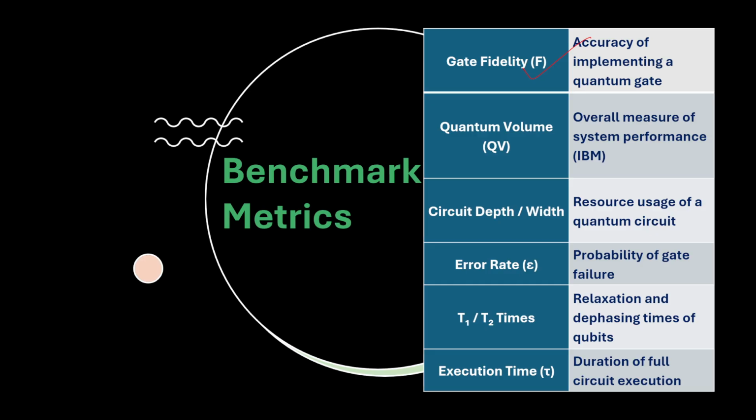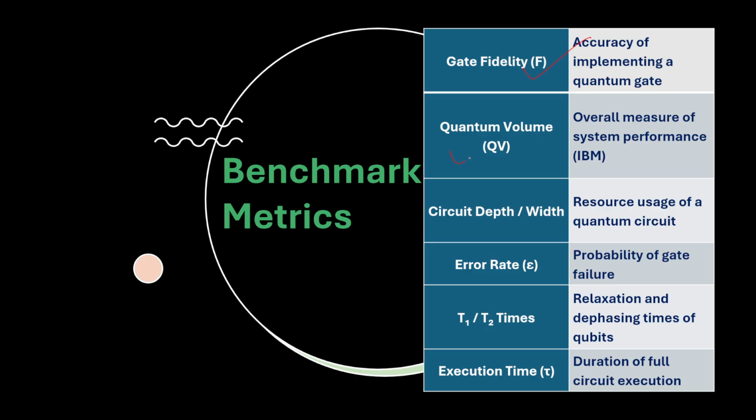Mostly in the simulations, a higher fidelity shows less error in a quantum circuit, and a low fidelity means unreliable computations or more errors during the computation in the quantum gates. Of course, if the fidelity value is 1, that means all the gates in the quantum circuit are performing perfect simulations.